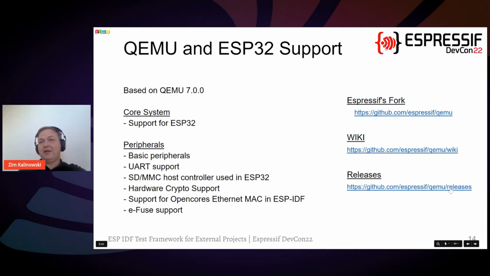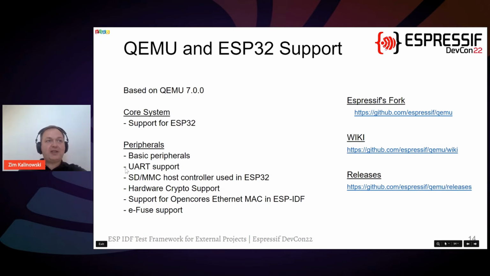information about releases. On the left, you can see what we currently support. Right now we have support for basic ESP32. We don't have support for any other hardware. We don't have support enabled for RISC-V yet. In terms of peripherals, we of course support all the basic peripherals like SPI, I2C.